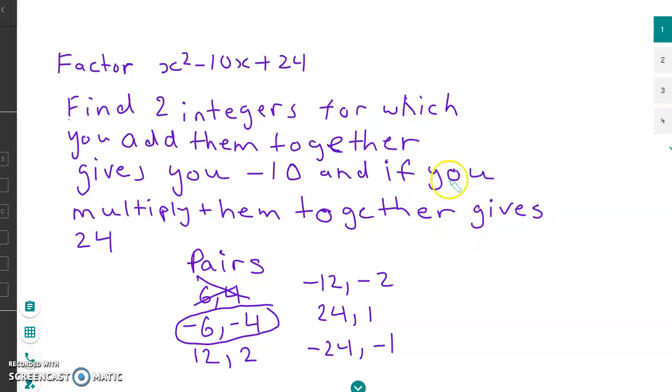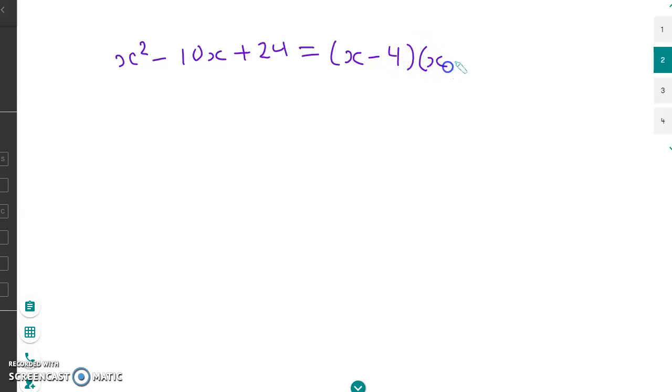Now let me write it on another piece of paper. So now that we found our A and B, what will it be? You can write x squared minus 10x plus 24 as x minus 4 times x minus 6.